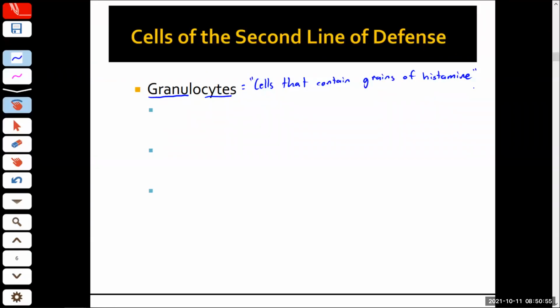Now we talked about when we release histamine, what kind of response does that lead to? Inflammatory. So if these granulocytes release histamine, what are they doing with inflammation? Are they ending it? Are they starting it? Are they continuing it? It's not starting it. Continuing it.